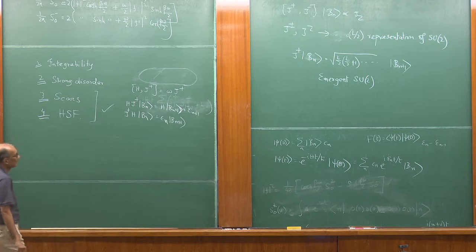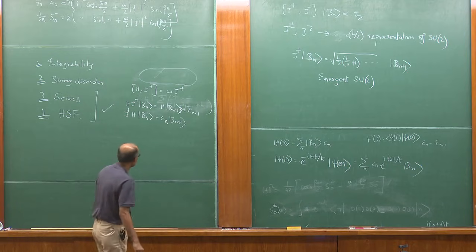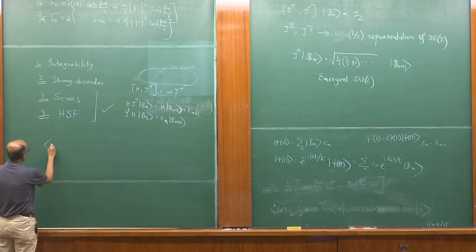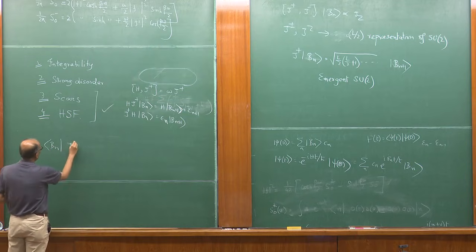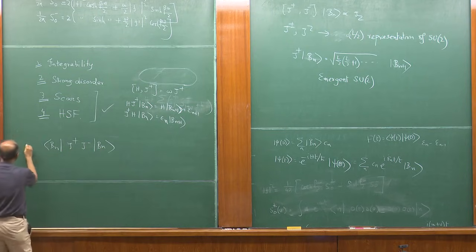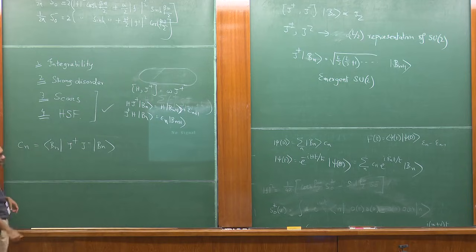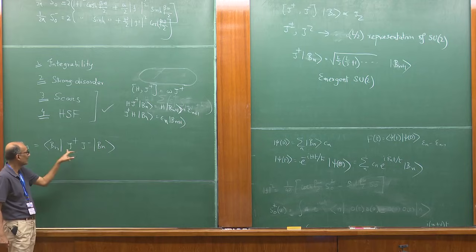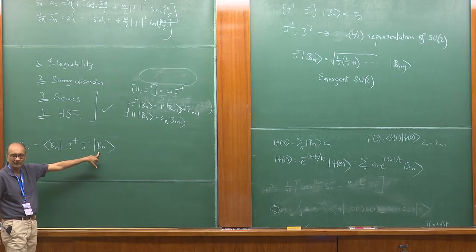But yeah, the other thing that one can calculate is an equal time correlator, in any of these states Bn, I can calculate J plus J minus acting on this. Let me call it some Cn. Now you see that this is just going to give me this: J minus acting on Bn is going to give me Bn minus 1, and then J plus acting on it is going to give me Bn.